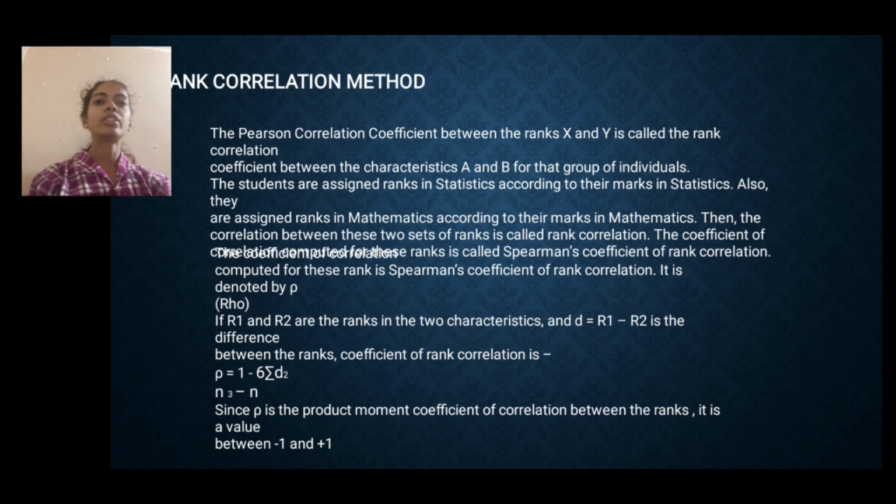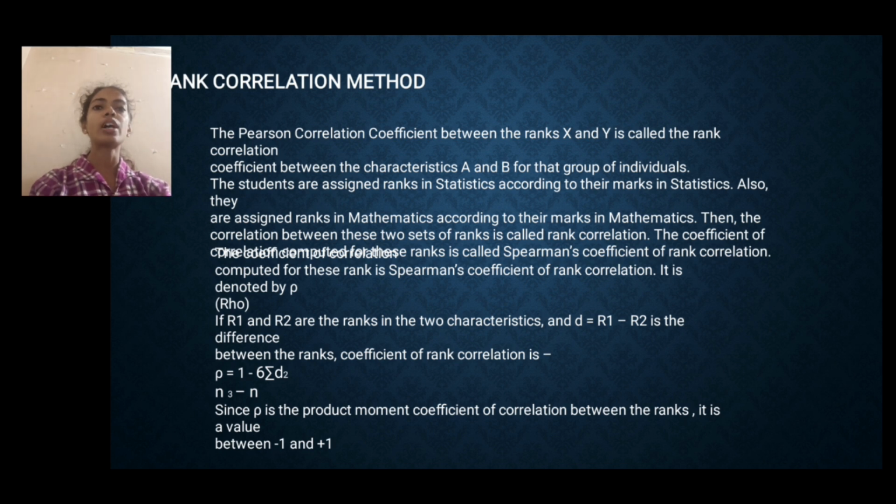Carl Edward Spearman, a British psychologist, developed a formula in 1904 which consists in obtaining the correlation coefficient between ranks of n individuals in the two attributes under study. The Spearman's correlation coefficient between the ranks x and y is called the rank correlation coefficient between characteristics A and B for that group of individuals.